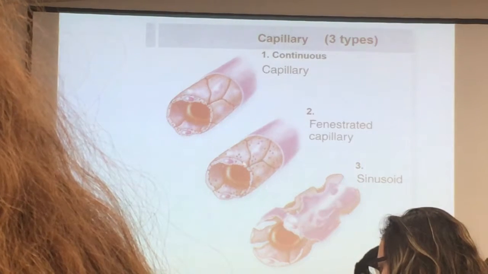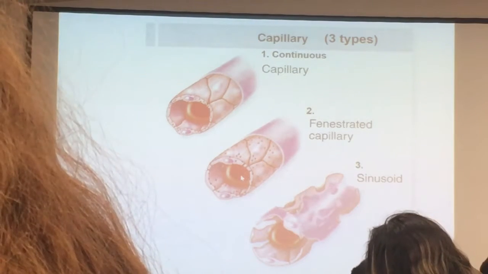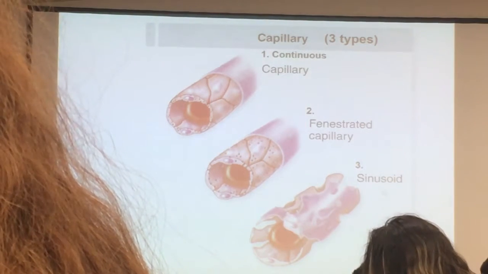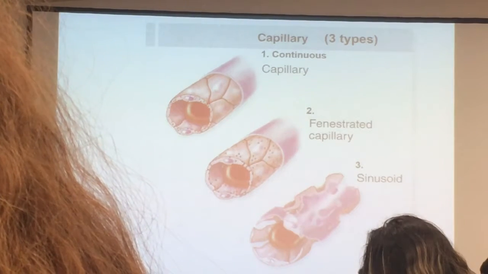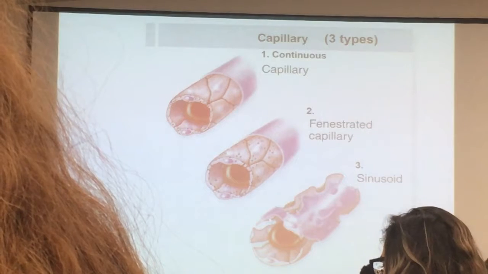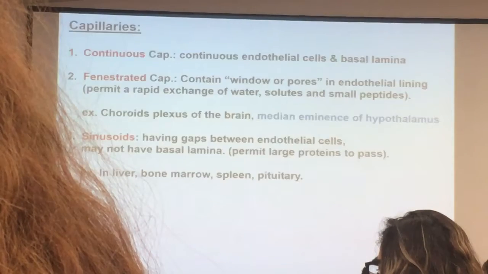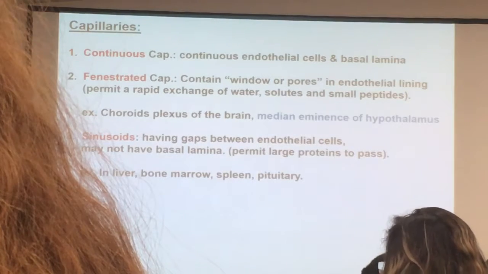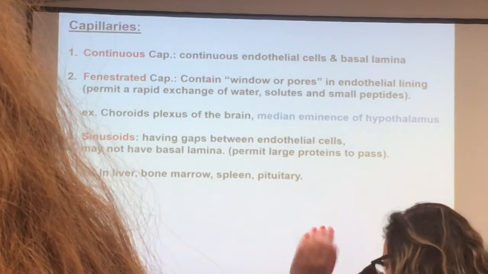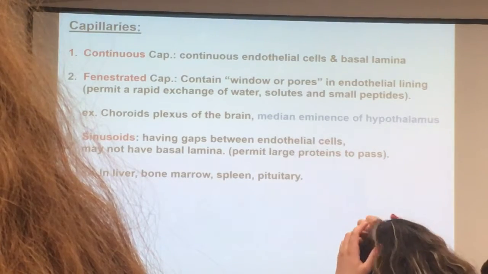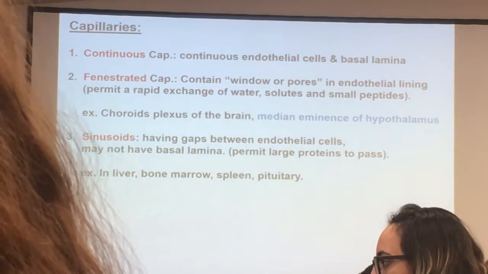Fenestrated means it has a lot of holes, a lot of gaps there, allowing small molecules to go out. Sinusoid means it has a big hole, even protein can go out. So we have these three types, and most of them are continuous capillaries. Only some special cases are fenestrated, like in the brain, the choroid plexus, where they produce CSF.